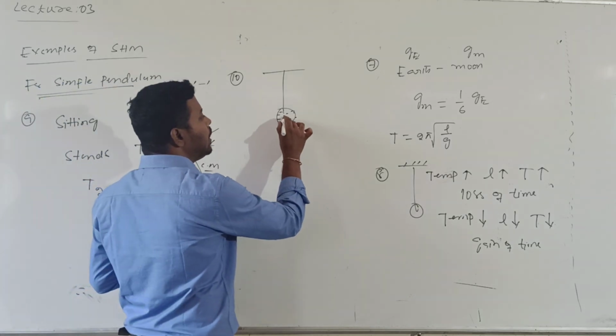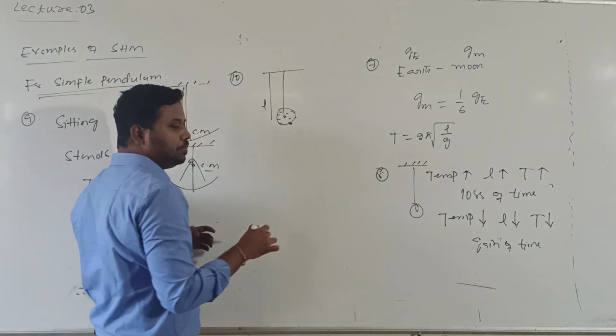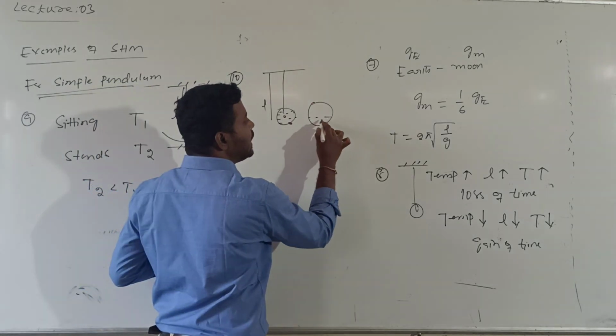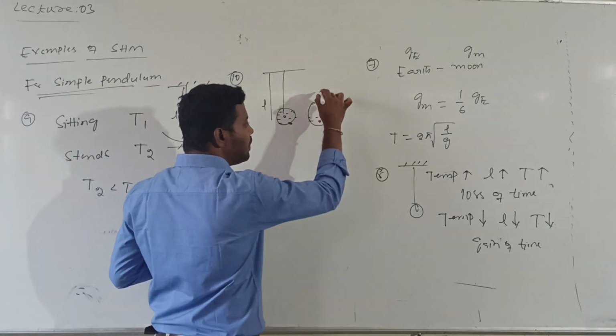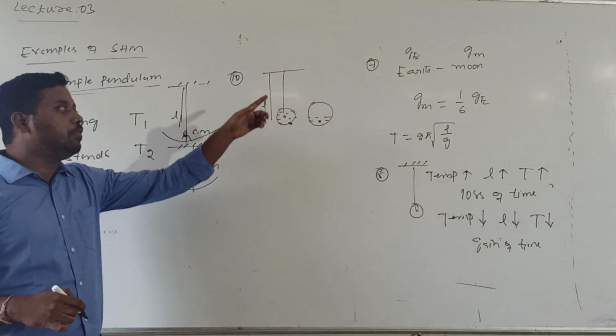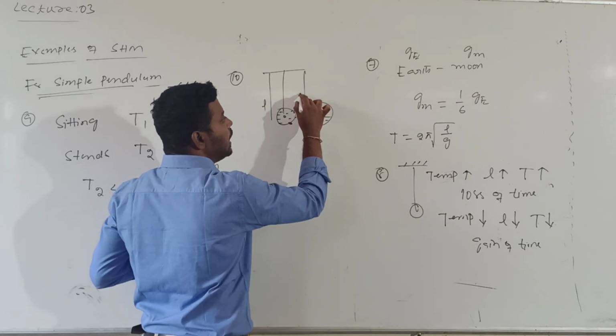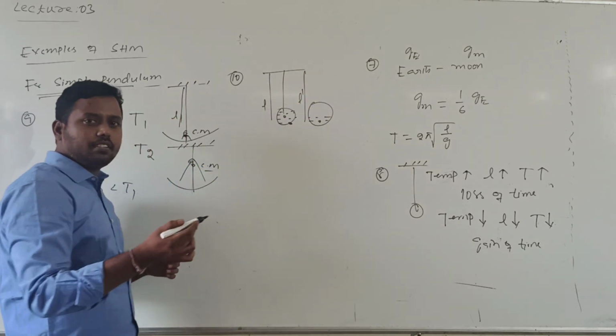Initially when no water is leaking out, this is the length value. When water is leaking out, what happens? The center of mass or center of gravity shifts downwards. When it shifts downwards, the length of the pendulum increases.